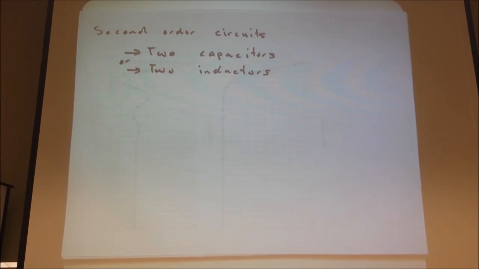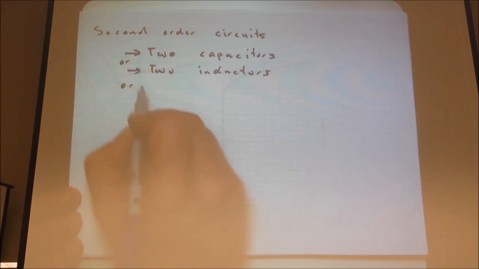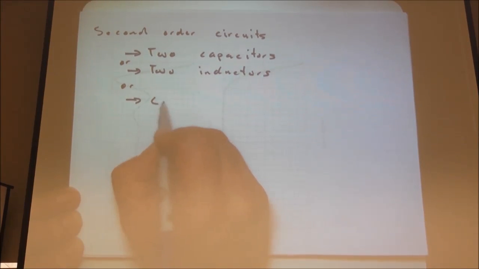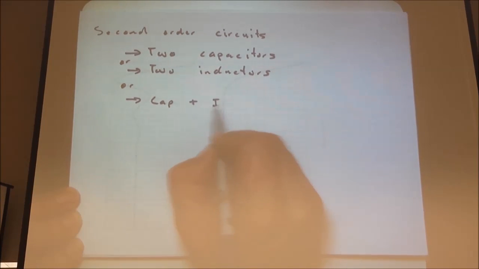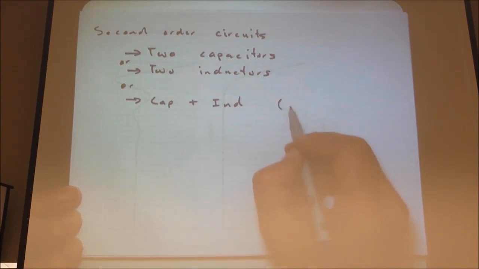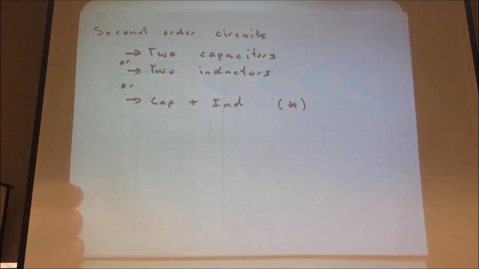So this is not anything we can reduce to a first order circuit, or cap plus inductor. And this one will be our kind of bread and butter one. We'll look at various combinations of this. But we'll look at 2 capacitors and 2 inductors to some extent as well.